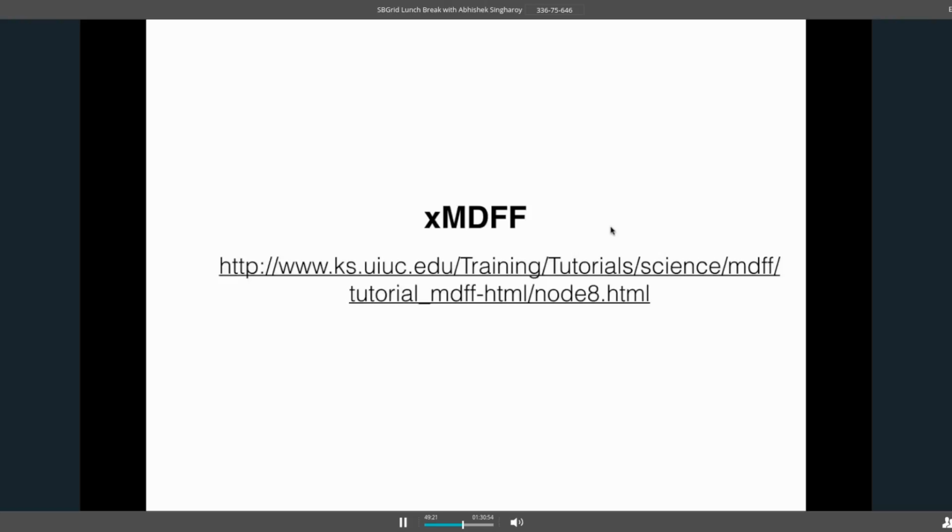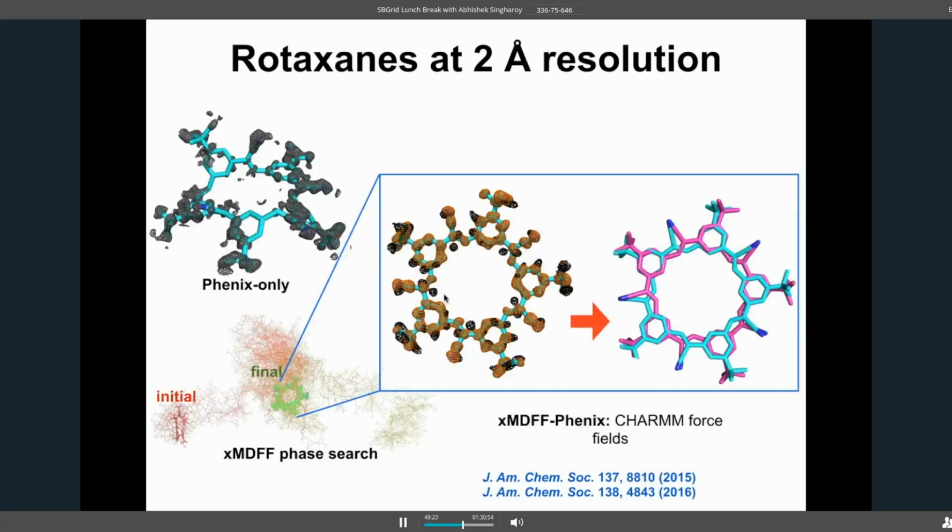So what I show you on the lower left is the fact that there is a huge amount of structural phase space that one can resolve with xMDFF. The initial structure is on the extreme left, and then xMDFF did a huge amount of phasing in the translational and the rotational space.